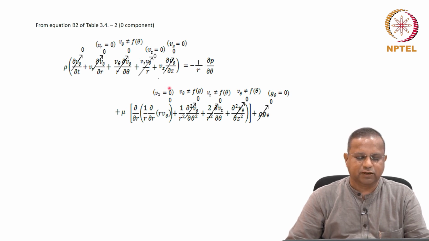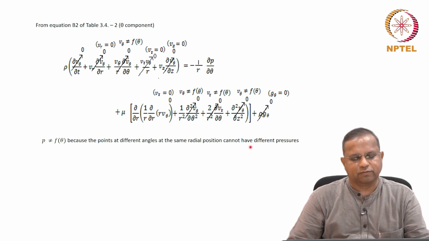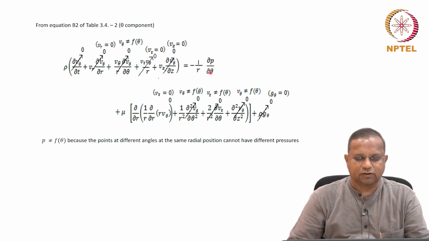So what we have remaining, please ignore this. I think this is a leftover from some previous thing. This certainly is there. And P is not a function of theta because the points at different angles at the same radial position cannot have different pressures. Okay, so P is not a function of theta. So that gets out.